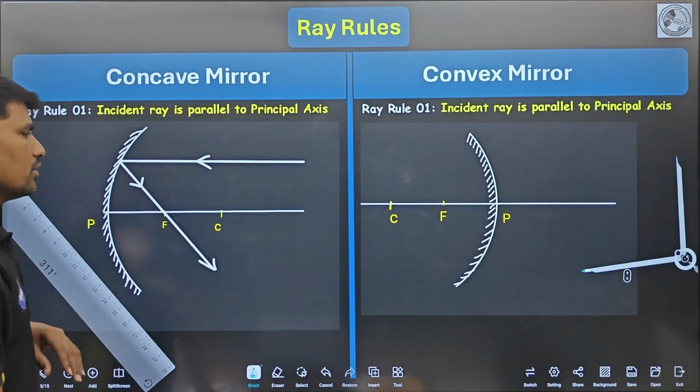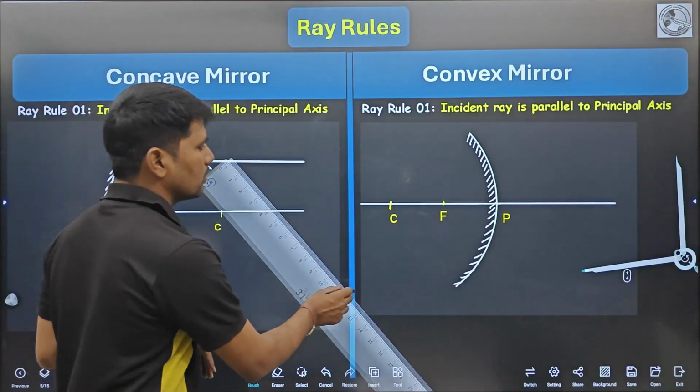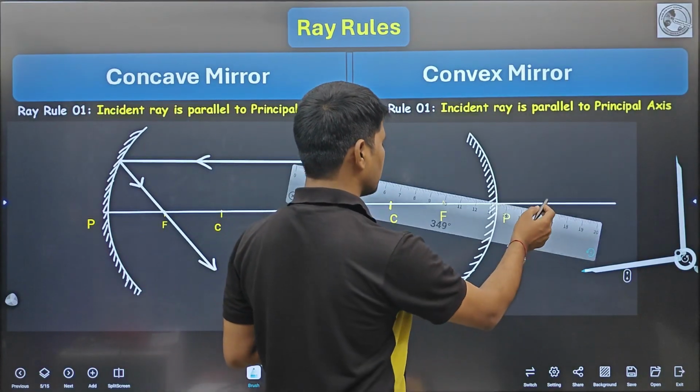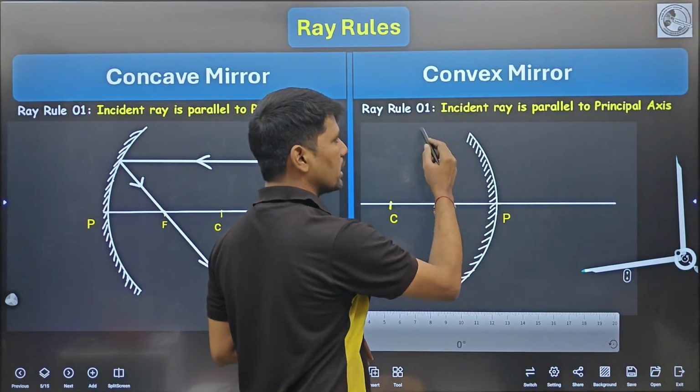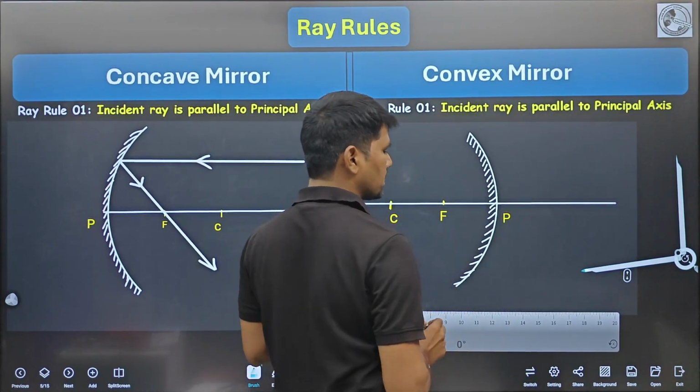The converse and similarity will be there here and here. What is the converse? Here the incident ray direction is the same: the incident ray is parallel to the principal axis. Now this is the principal axis.